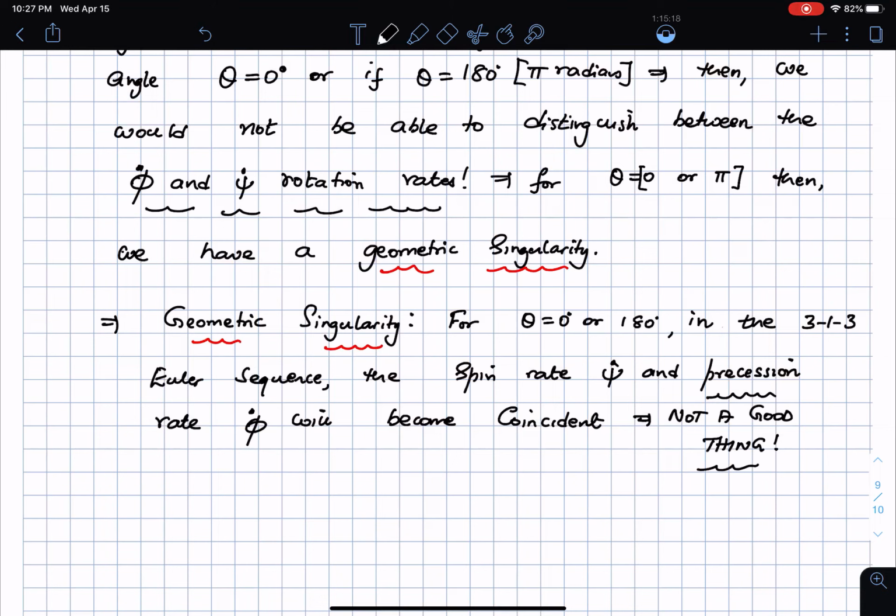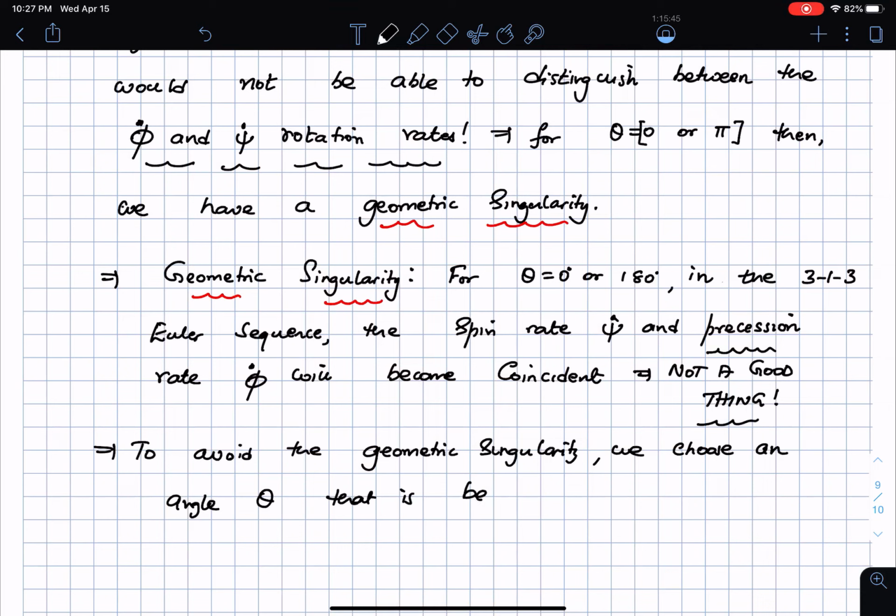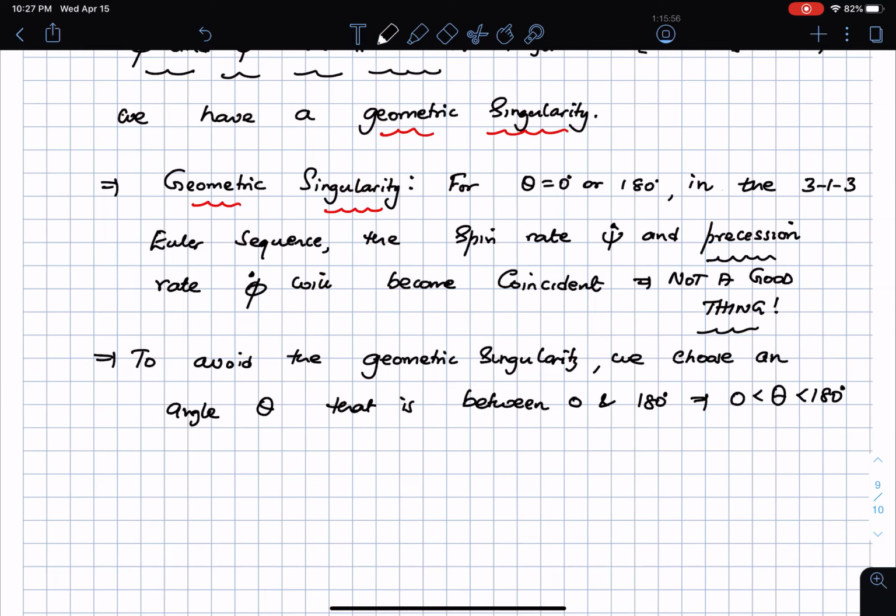So we want to avoid the geometric singularity. So we typically choose an angle of theta between 0 and pi. To avoid the geometric singularity, we choose an angle of theta that is between 0 and 180 degrees, which means that theta is greater than 0 and less than 180 degrees.